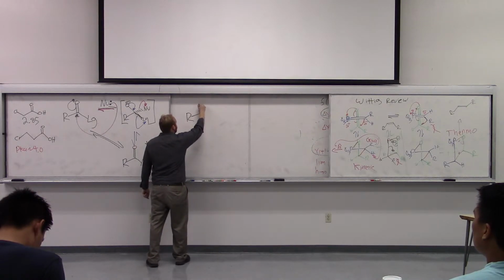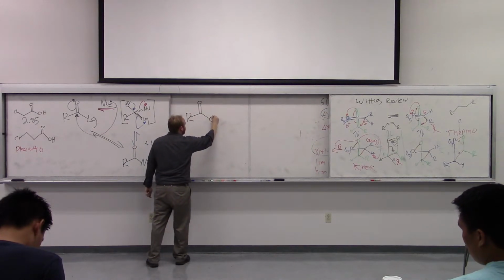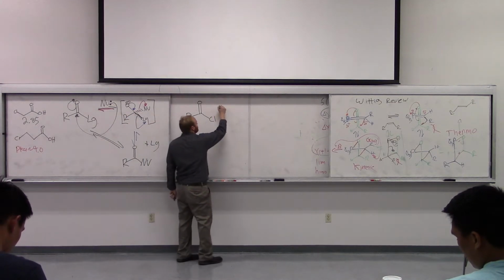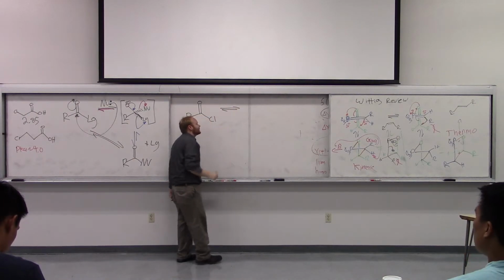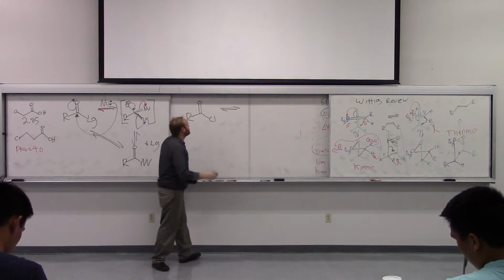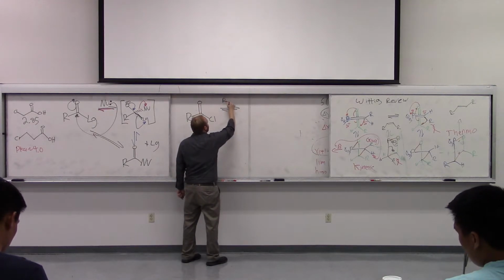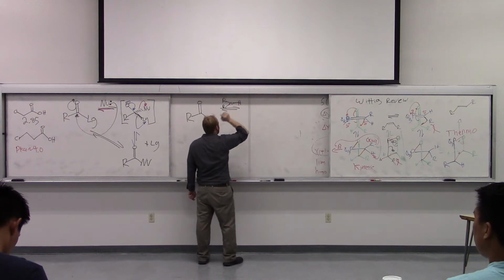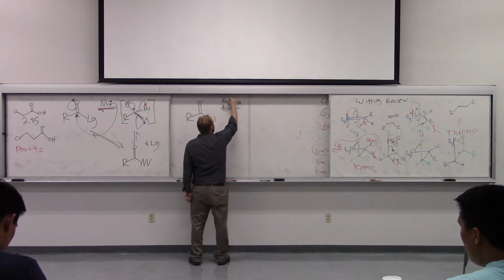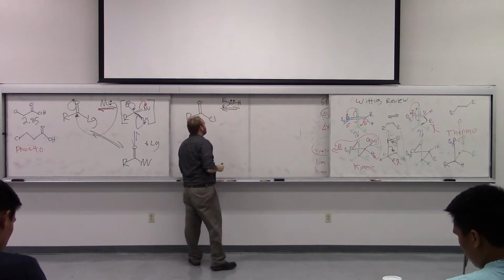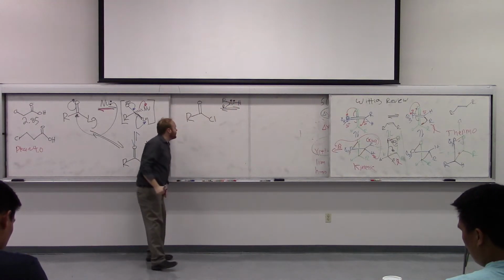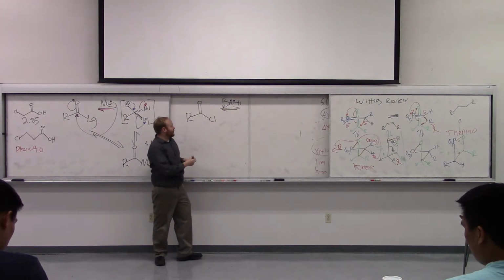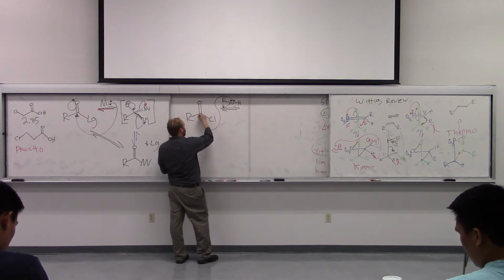So a classic example of this is the reaction of an acid chloride and an amine. So, an amine plus an acid chloride, the amine will add in theoretically to the acid chloride.